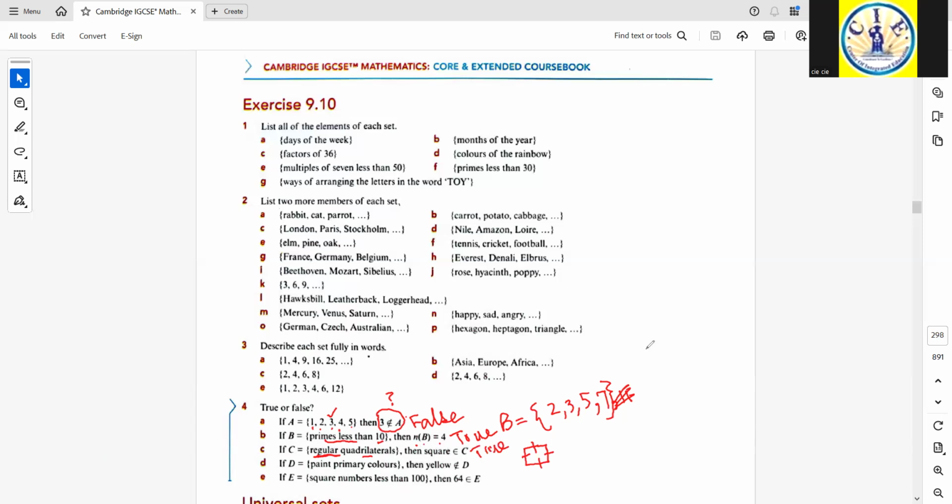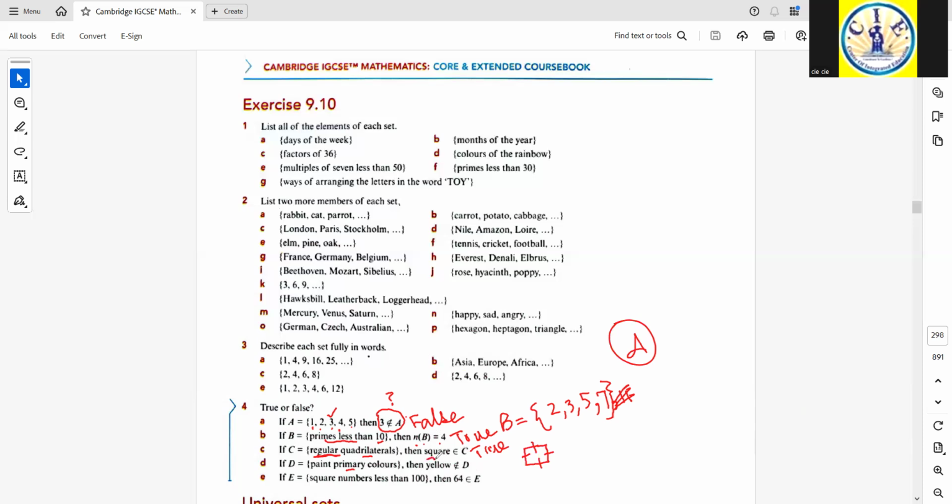Okay, for part D, D equals paint primary colors. Then yellow does not belong to D. Yellow is there in primary colors.